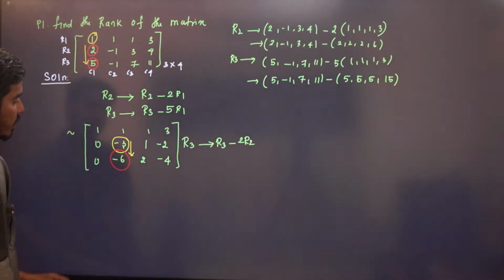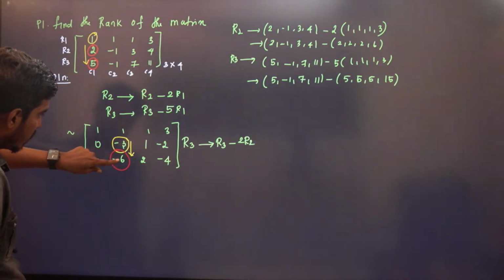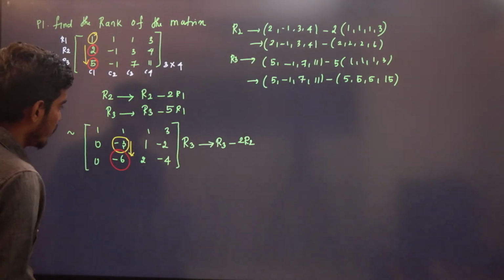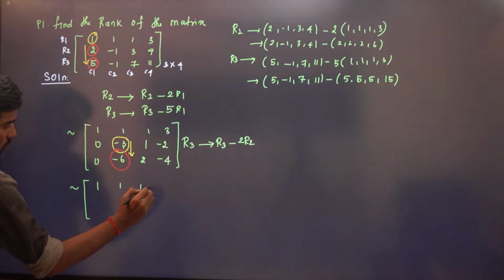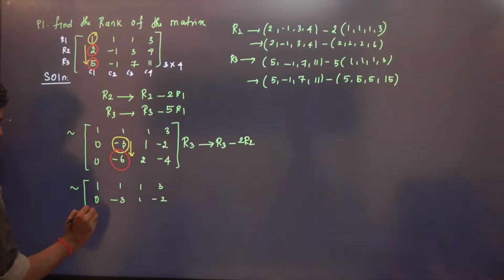Is this operation clear? To make this element 0, what I'm doing is minus 6 minus 2 times minus 3. So it will become minus 6 plus 6. After this it will become 1 1 1 3, 0 minus 3 1 minus 2.